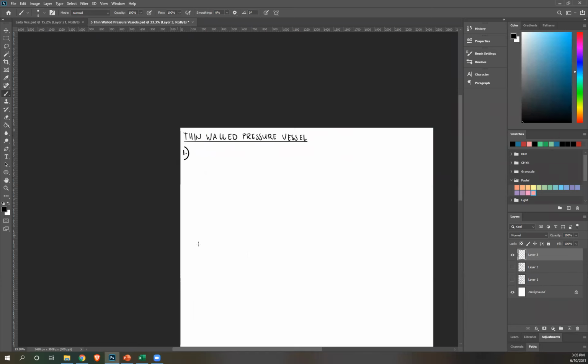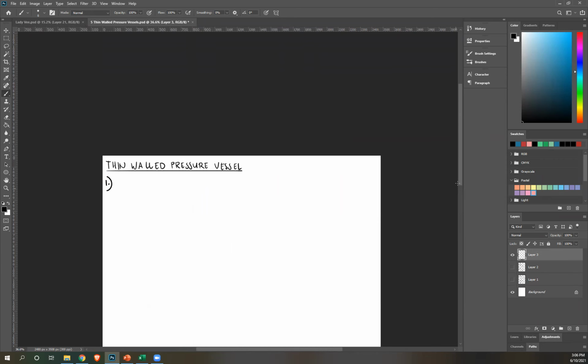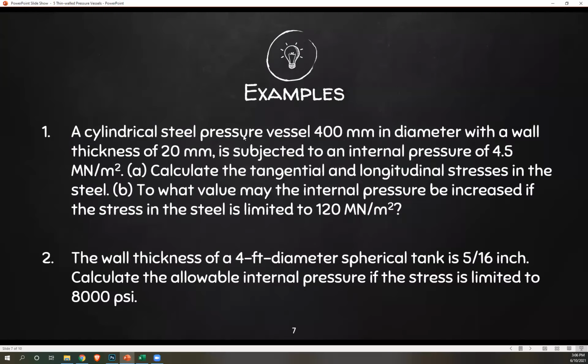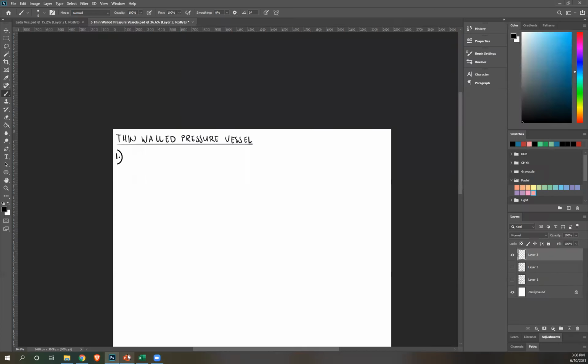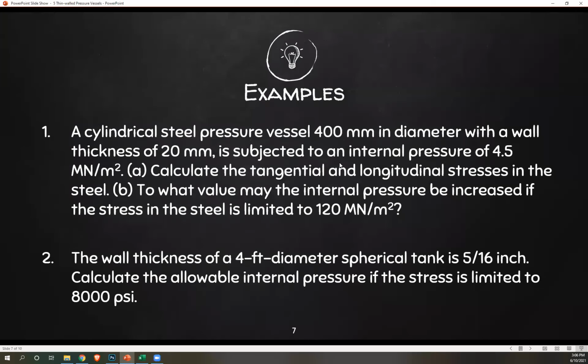Let's answer. So first step, usually for problems like this, is to write the given. First, cylindrical steel pressure vessel 400 millimeters in diameter. So D, 400 millimeters with a thickness of 20 mm.